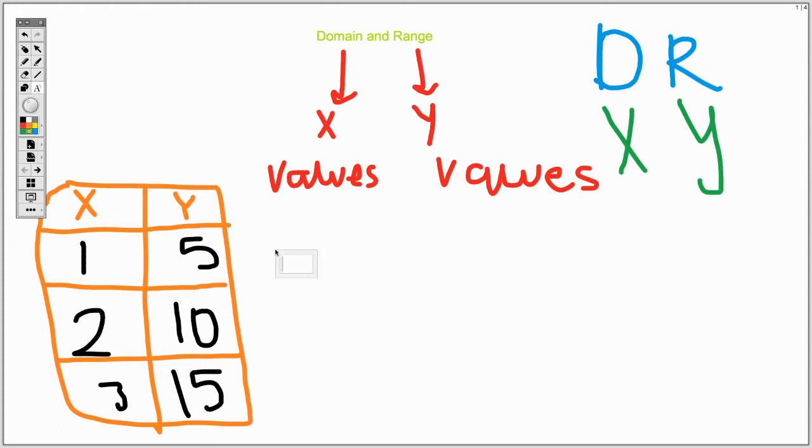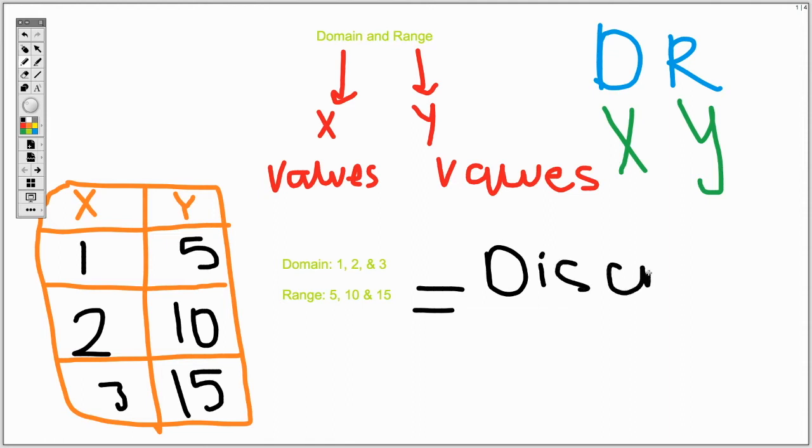So our domain would have been 1, 2, and 3. And our range would have been our Y values, which would have been 5, 10, and 15. This is basically what we call discrete domain and range.